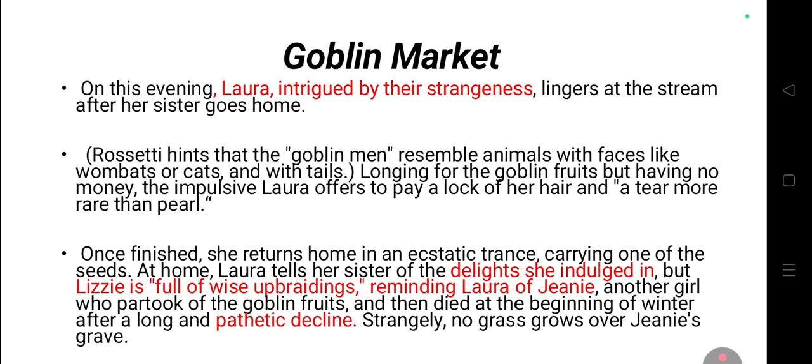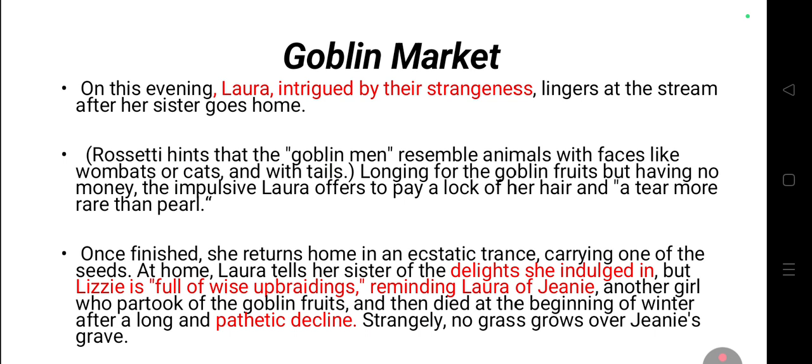There also he bartered his soul to Satan. Okay, so now this girl, Laura, exchanged her lock of hair and tear, more rare than pearl, in place of that fruit. So she gets that fruit.